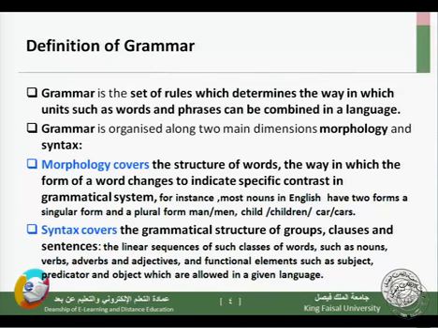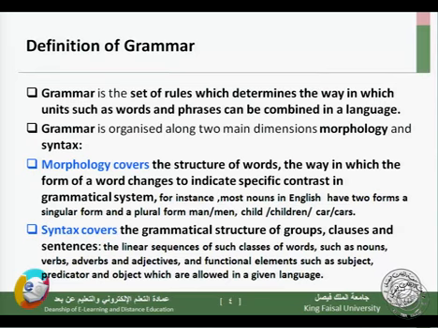So syntax looks at them in a linear way. They look at subject, predicate, and object, or subject, verb, object, or subject, complement, or predicate, and so on. So syntax covers all these aspects. We will come to it in more detail, but it is important to know what we mean by syntax.